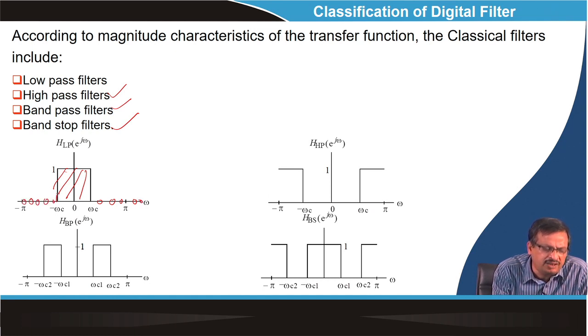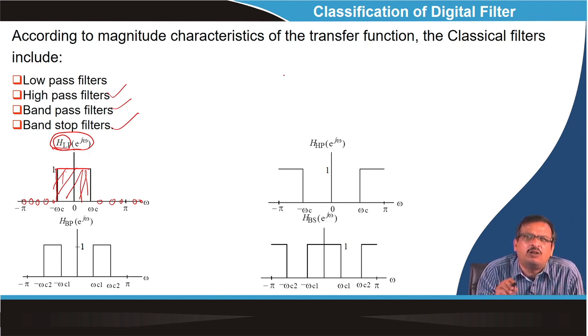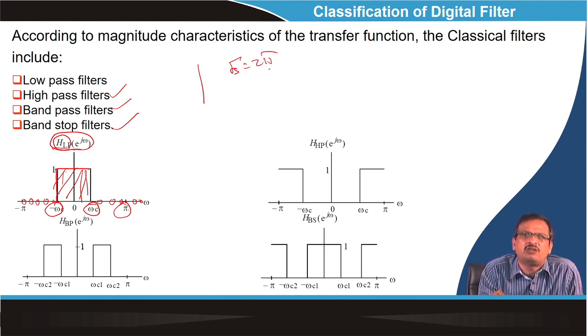The signal will exist only in those components. Actually this is not a signal, this is a frequency characteristic, so that's why H_LP(e^{jω}). It is nothing but a frequency magnitude plot, or the spectrum of the digital filter. So this is the spectrum where the filter only exists from minus ωc to plus ωc. ωc is the cutoff frequency, and you know that the normalized digital frequency goes up to π, because fs corresponds to 2π. So the maximum frequency possible in the digital signal is π, with maximum oscillation from minus π to π.